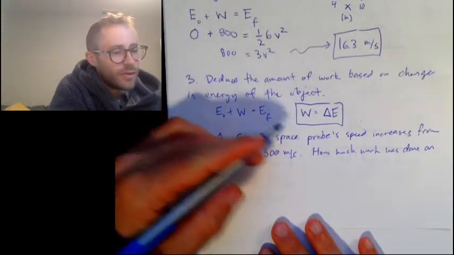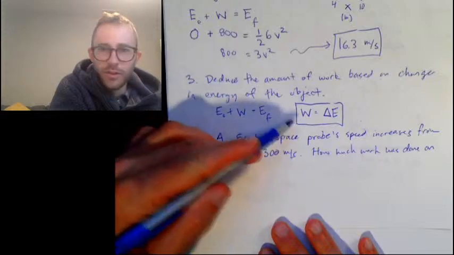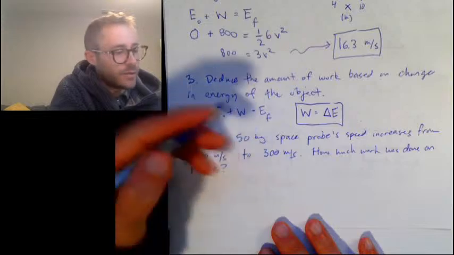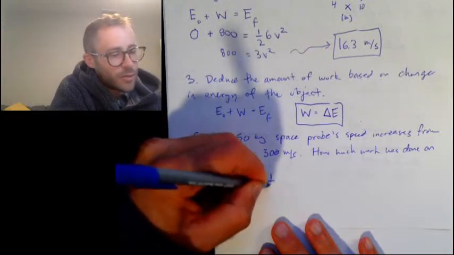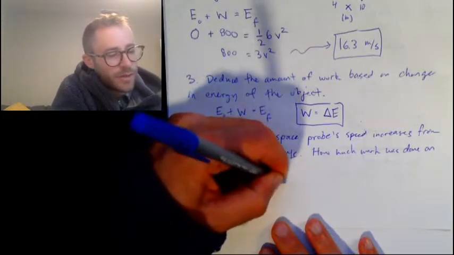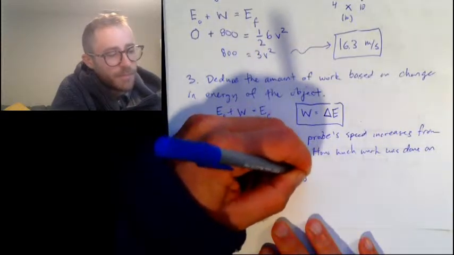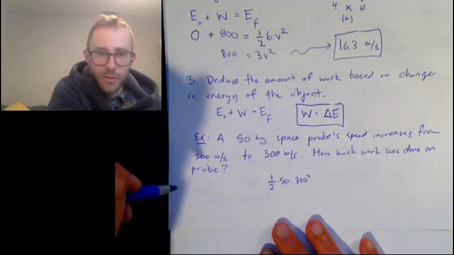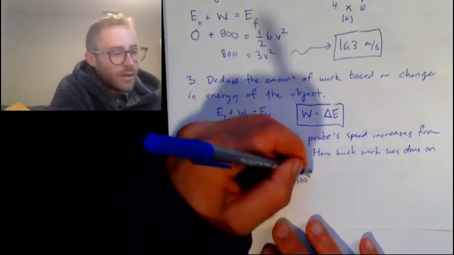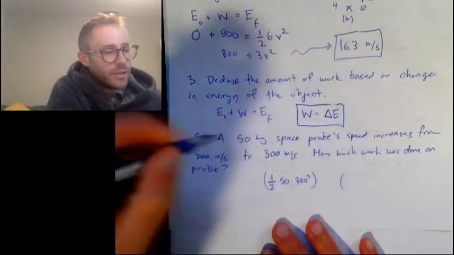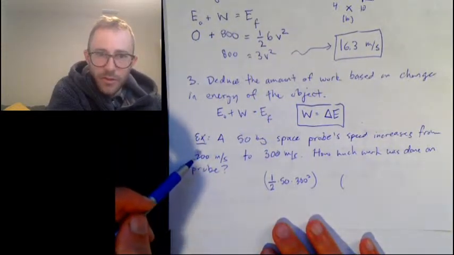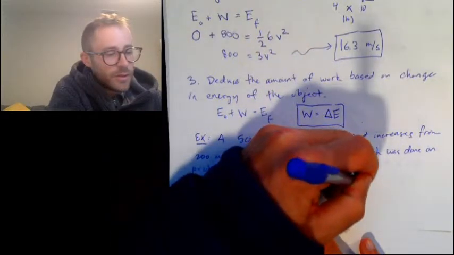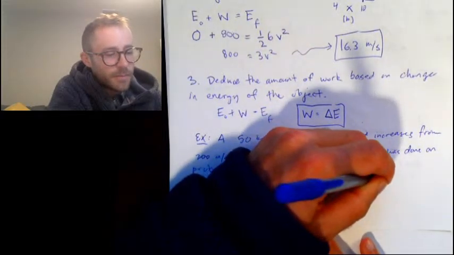So I'm going to use the work done is equal to the change in energy. It starts out with kinetic energy, and it ends up with even more kinetic energy. So the final energy is going to be 1/2 times 50 times 300 squared, because it ends up with a velocity of 300 meters per second. The initial energy was the kinetic energy of traveling at 200 meters per second, so 1/2 times 50 times 200 squared.